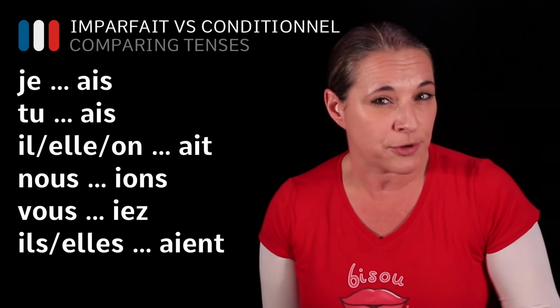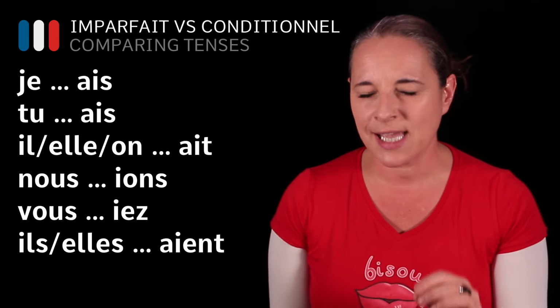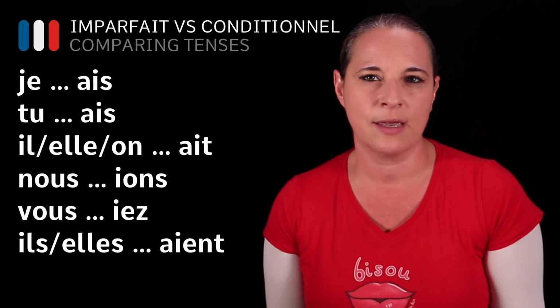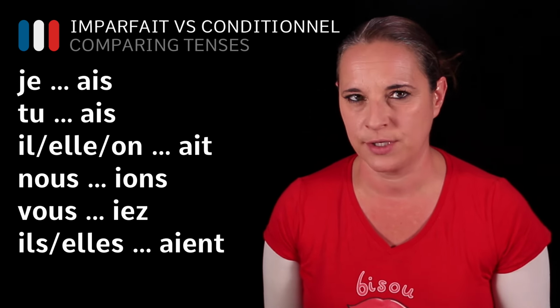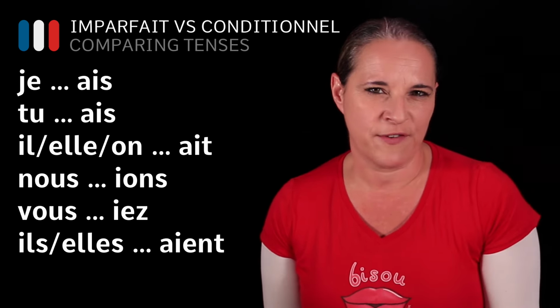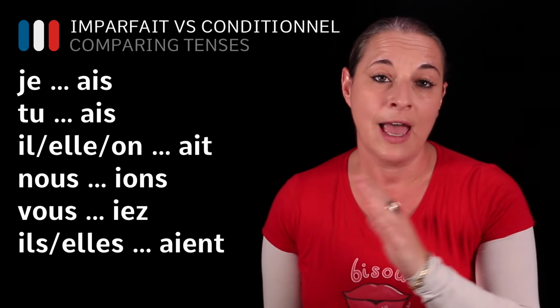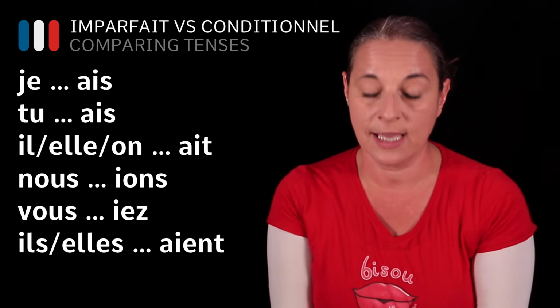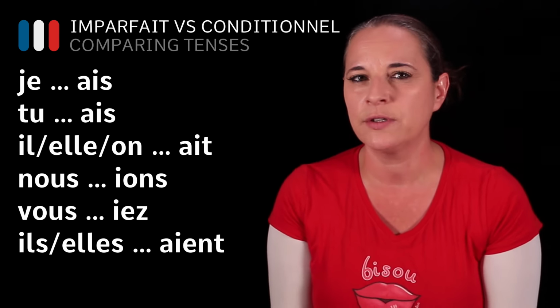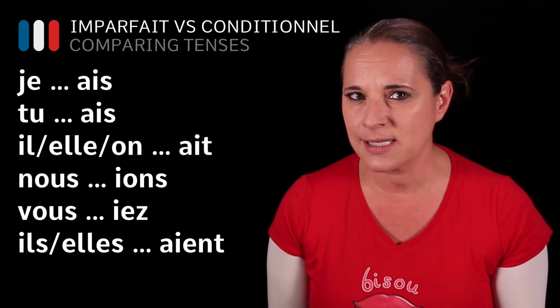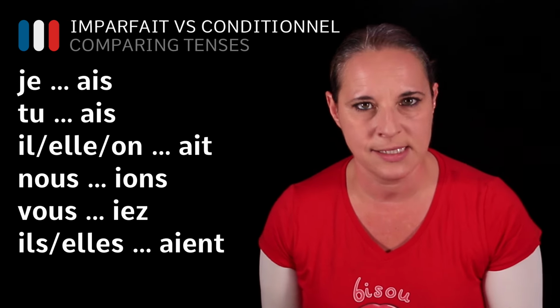And that's pretty much the difference because the stem used in the conditional is the same one as we use in the future tense. And I think the best way for me to explain that is by showing you the example. Then you can compare the imperfect next to the conditional and you would understand that actually the ending is the same, but yet the stem is different.